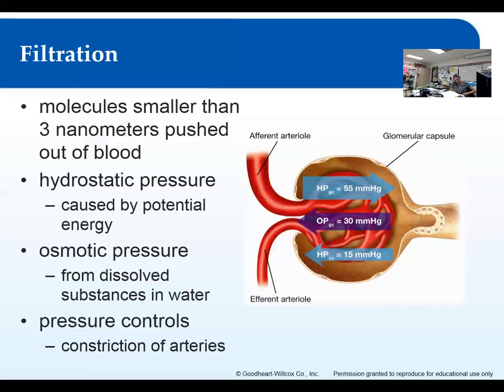It said in the renal corpuscle, the blood has a higher osmotic pressure than the filtrate because of the proteins, which are too big to cross the filtration membrane. Molecules that are small enough, they cross, and they're equal on both sides, so they don't create a difference.